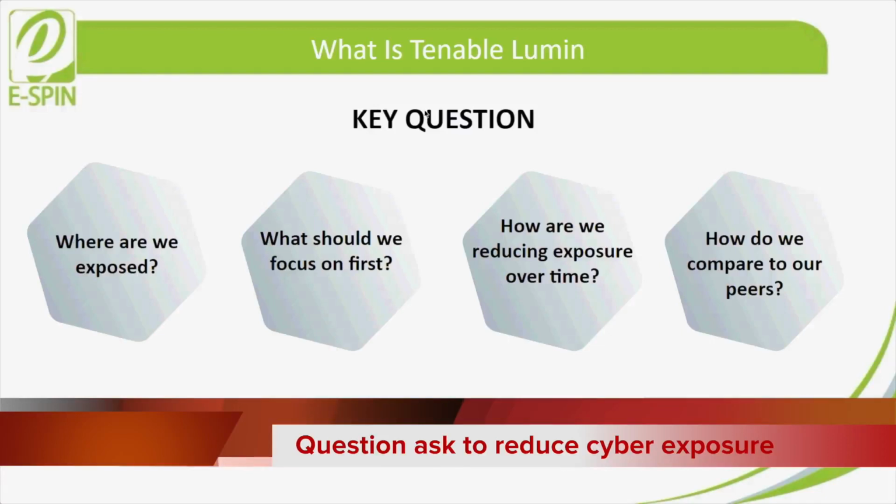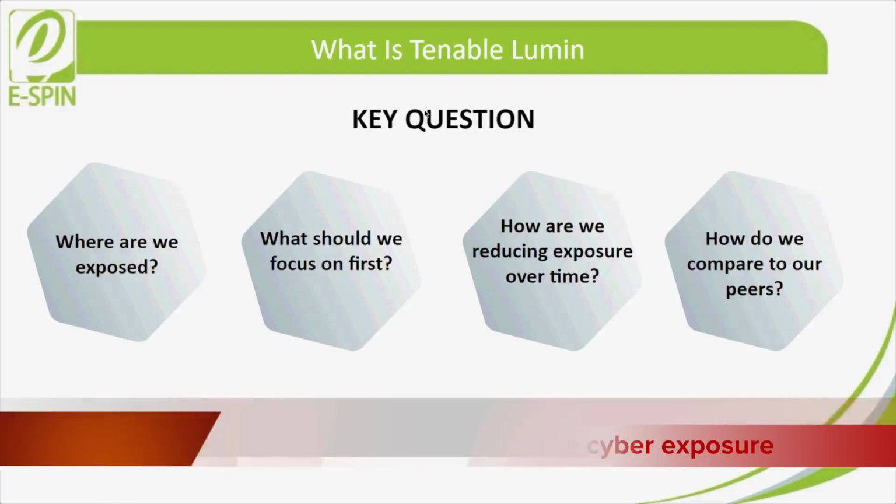Tenable Lumin also answers question number 4 via external comparison against the population of all Tenable IO customers as well as others in the organization's specific industry. I have mentioned some terms like vulnerability priority rating or VPR, asset criticality rating or ACR, and cyber exposure score or CES. We will go into more detail in our next few slides on Tenable Lumin Metrics.